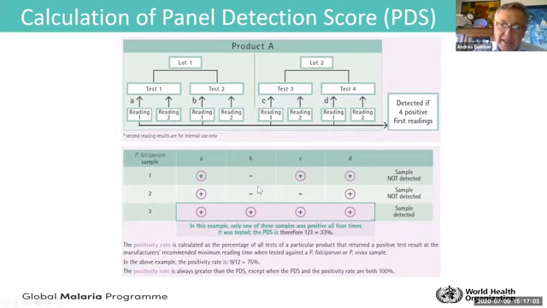So even if in this examination there are many positive cases, and we could have a high positivity rate, when we evaluate the RDTs we look only at results in which, for 1 sample, all tests are positive. This is what we call the panel detection score, and in this case it is only 33%.